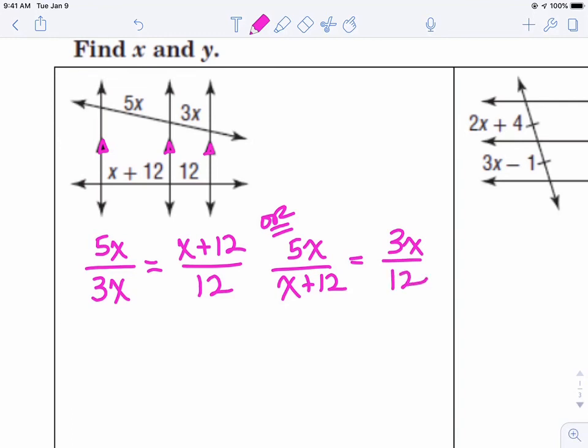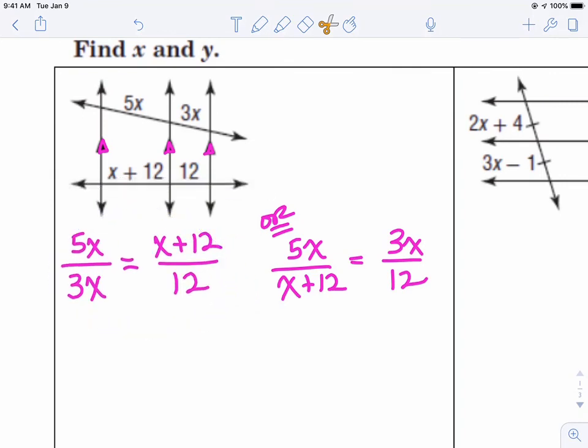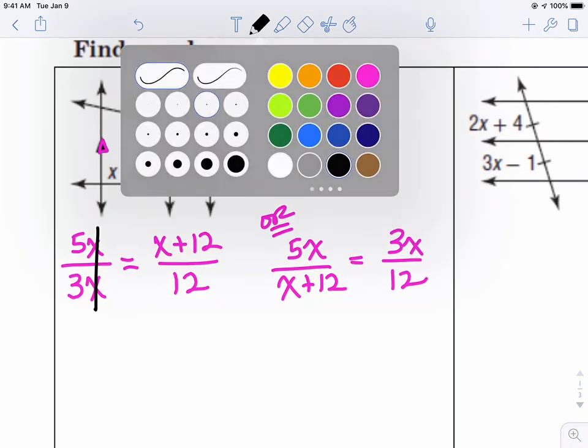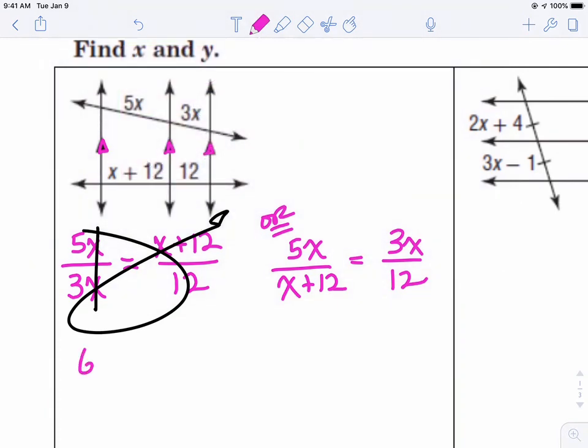Now, I want you to notice that this proportion on the left side is going to be easier because you can divide out the x right here. And then when you cross multiply, you're going to have 60 equals 3x plus 36.